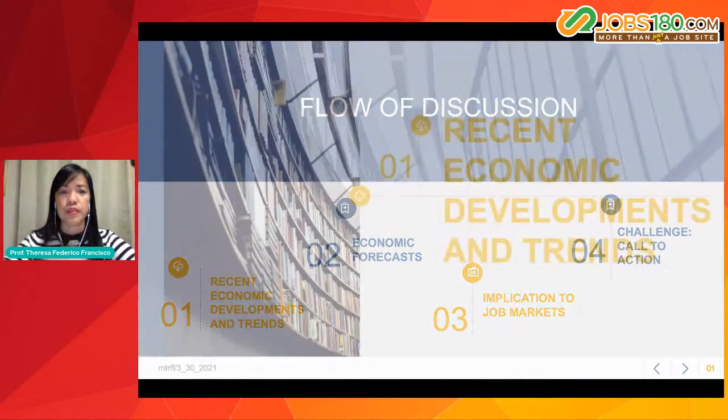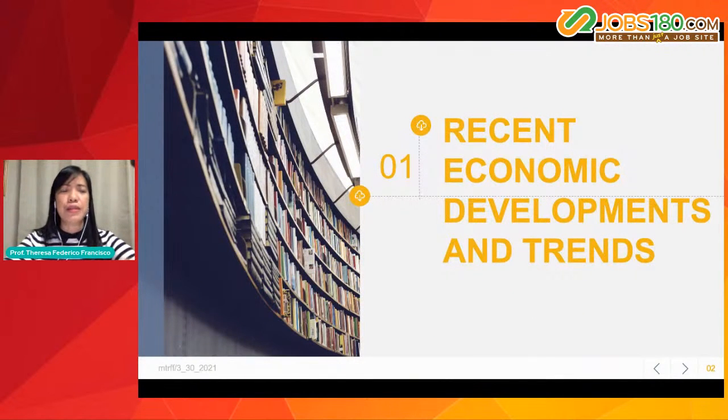Now, for the recent economic development trends, let us see how the Philippine situation was before COVID-19 attacked the world. The Philippine economy before the COVID-19 pandemic was considered to be one of the fastest growing economies in Southeast Asia. The real GDP growth was about 6% over a 10-year period and a 6.4% average from 2010 to 2019.